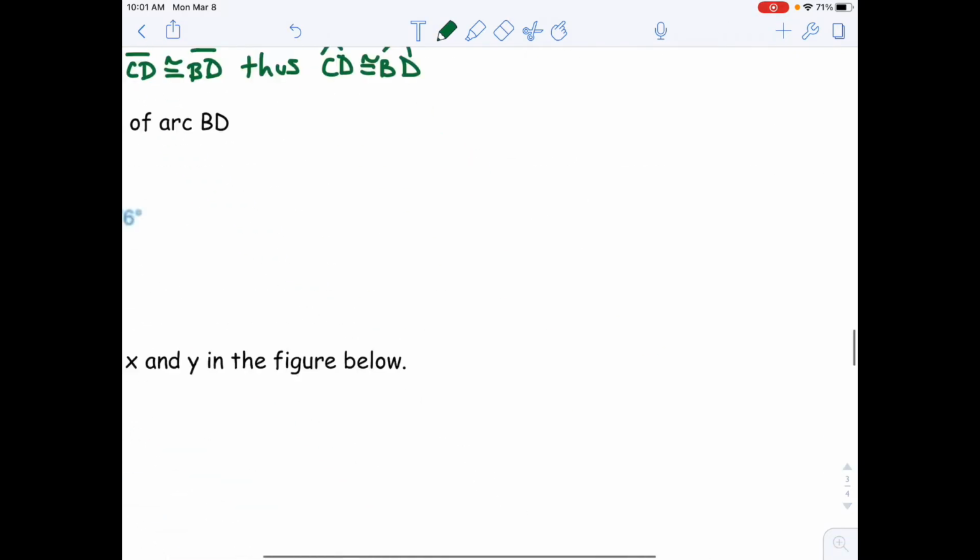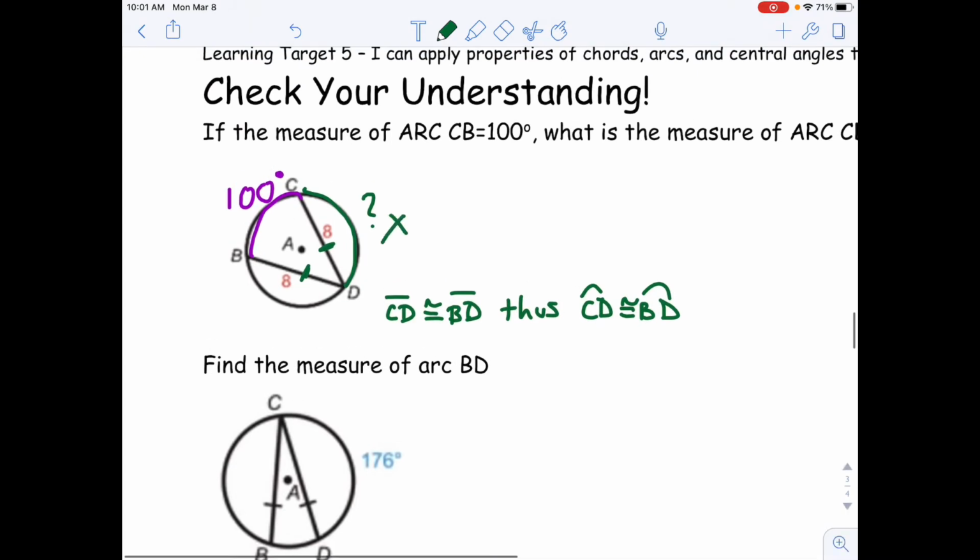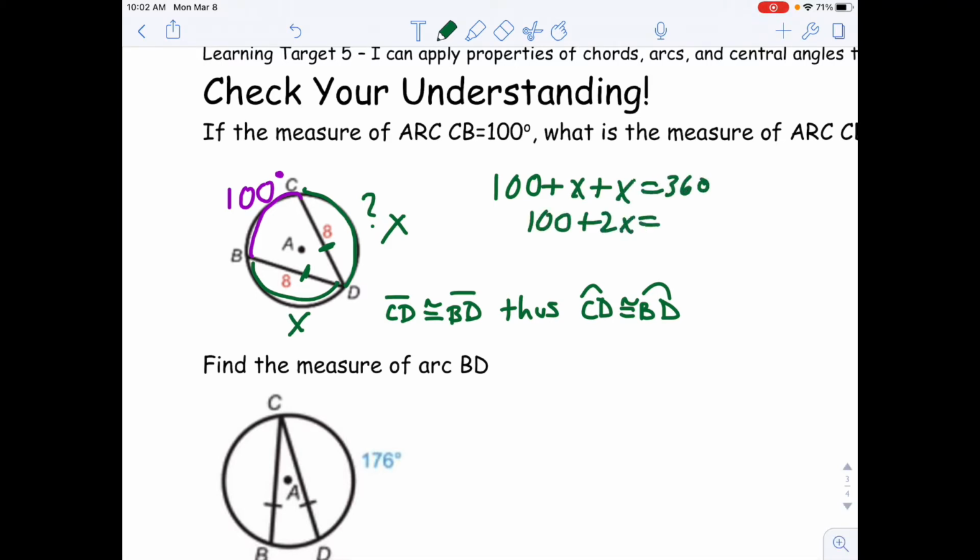Thus, if I call this X, then this is also X. And remember, the whole circle adds up to 360. So all I'm going to do is say 100 plus 2X equals 360.